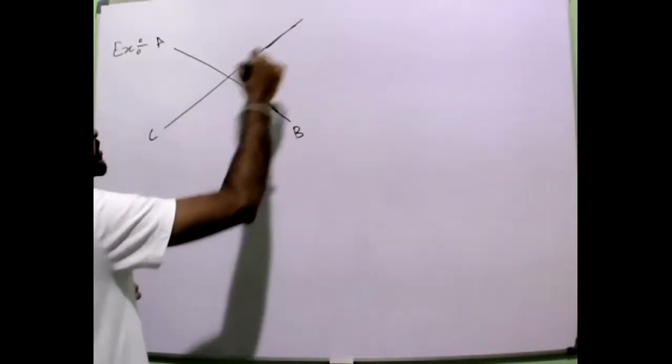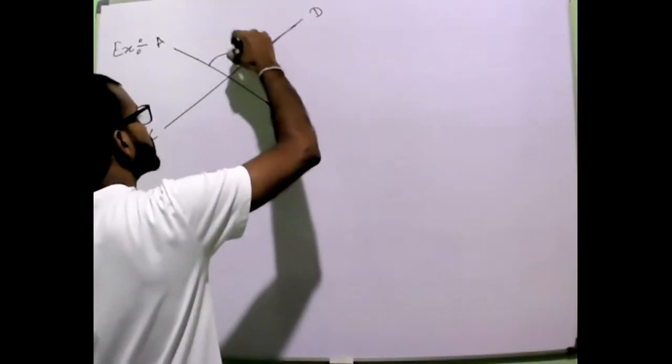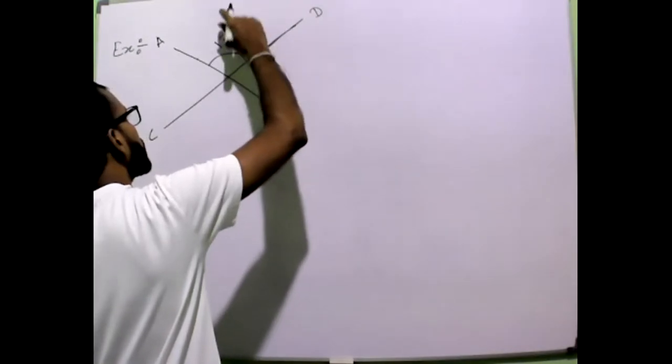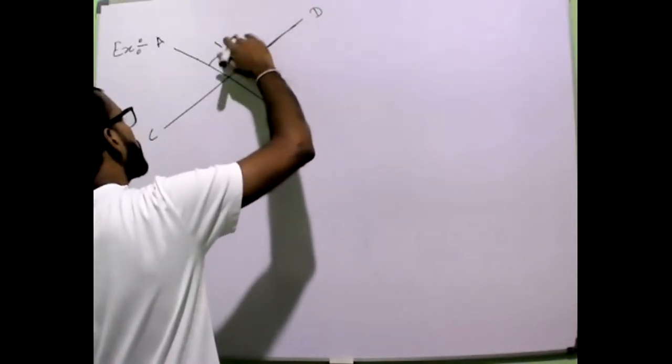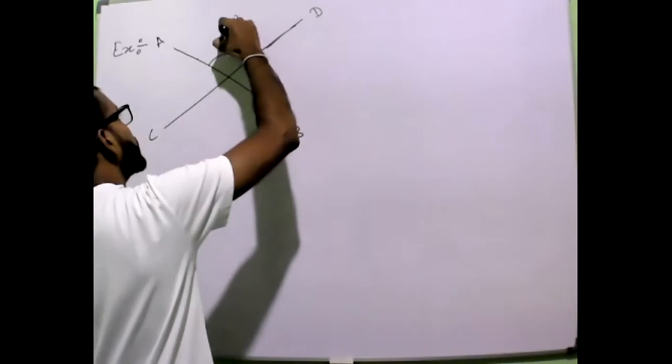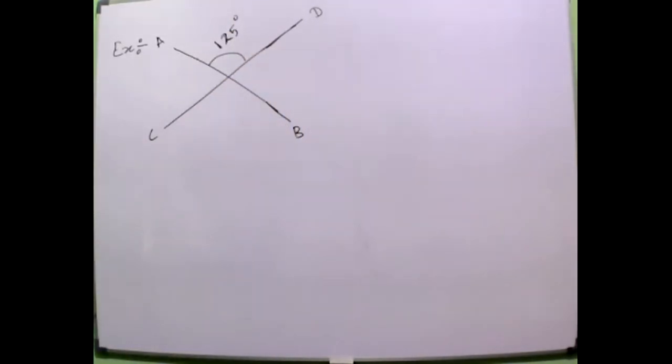So, I will say AB and CD are two straight lines, and the magnitude of this angle is, let's say, 125 degrees. This angle is 125 degrees, right?